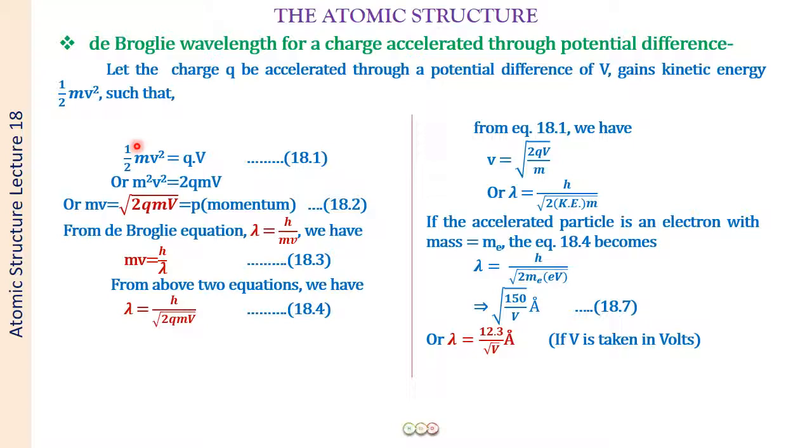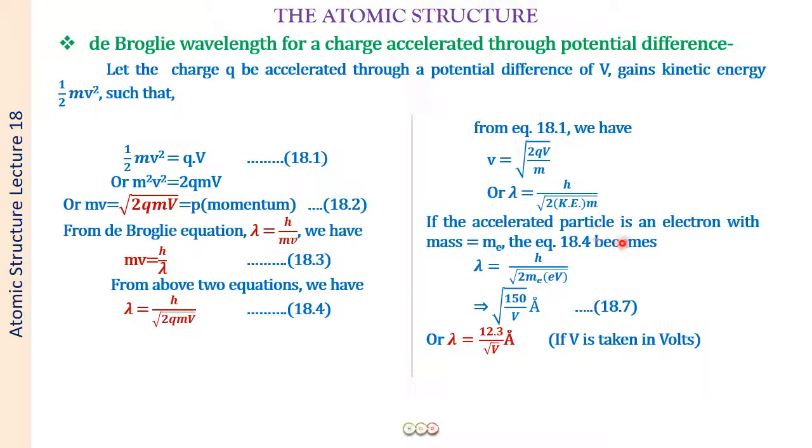Half mv square is nothing but kinetic energy. So we will replace this QV by kinetic energy in this equation, right? So we get lambda is equal to h over under root of 2 kinetic energy into mass, right? Another important relation for you to remember. Okay, so that is why I was telling you that the relations I'm going to teach you on this slide are very important for you to remember so that you can solve your numericals quickly.